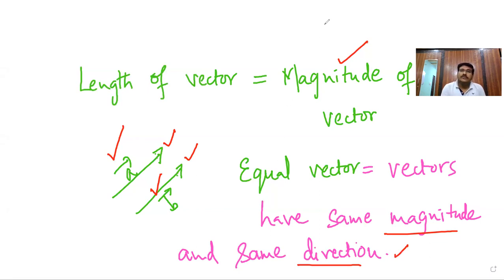Observe here that suppose this is a vector A bar. Clear? Another vector, this is B bar.